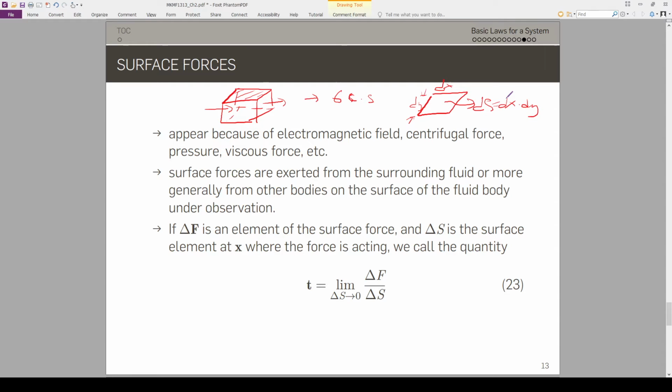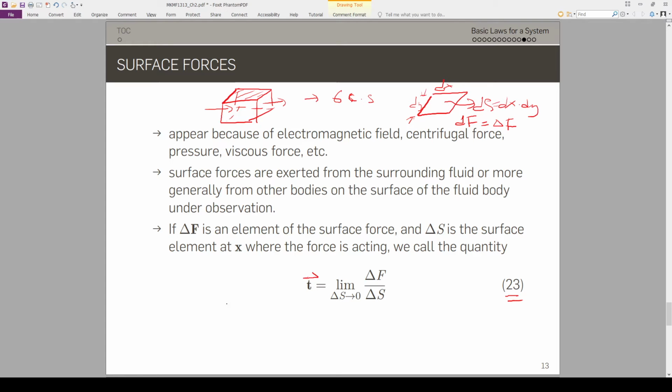Then the force acting on this small surface area dS that we consider here will be equal to dF. This is what is mentioned in equation number 23, where all types of surface force can be represented by the vector t.